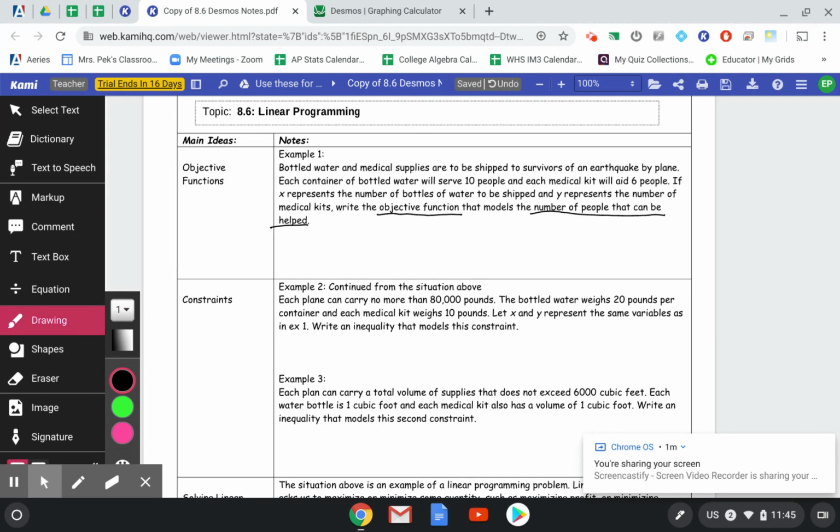Well, if X is the number of bottles of water and each container of bottled water serves 10 people, so I guess X represents the number of containers of bottled water. That should have been specified there. So we're going to get 10 times X, so 10 people for each container of bottled water, plus 6 people for every medical kit that we ship.